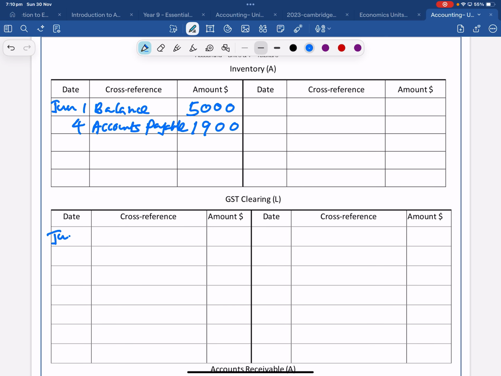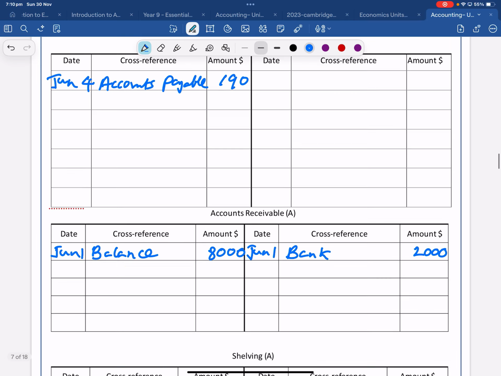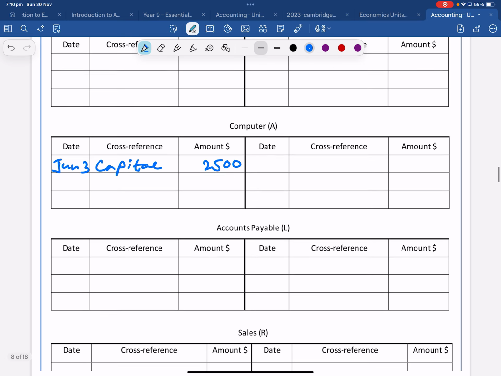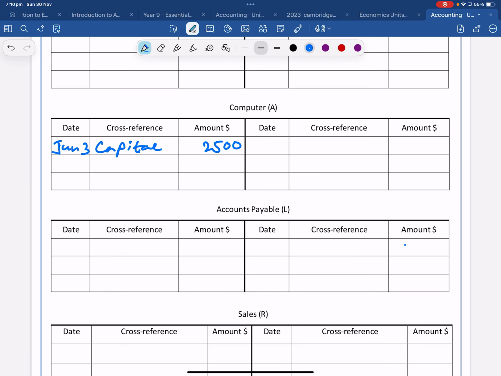Debit or credit? Debit, saying what? Accounts payable, right? And then we are crediting accounts payable 2090 saying what is it? Yeah, inventory slash GST clearing. Okay.